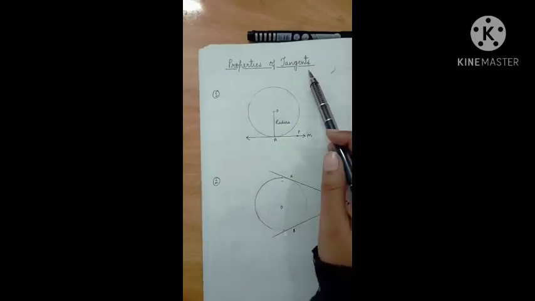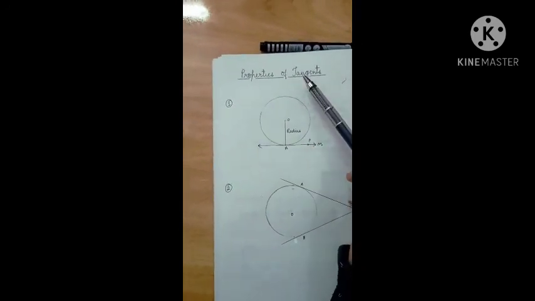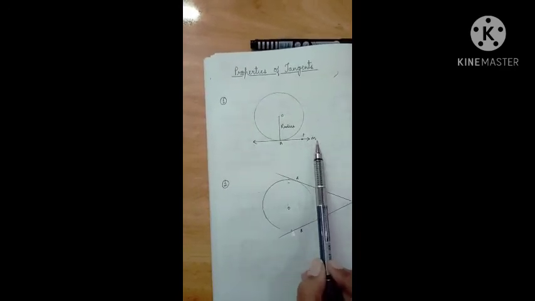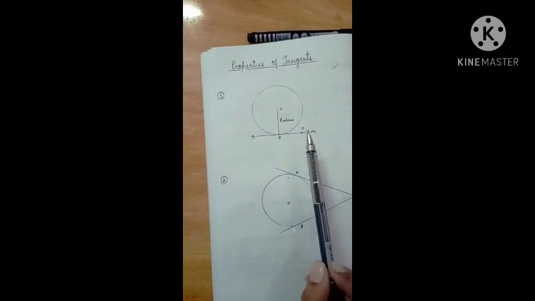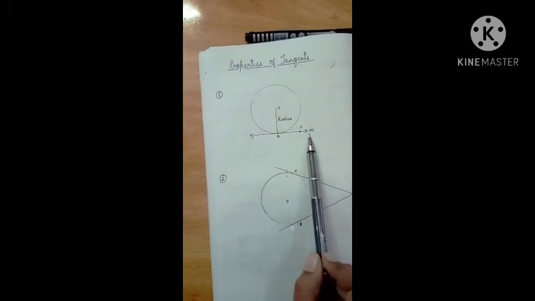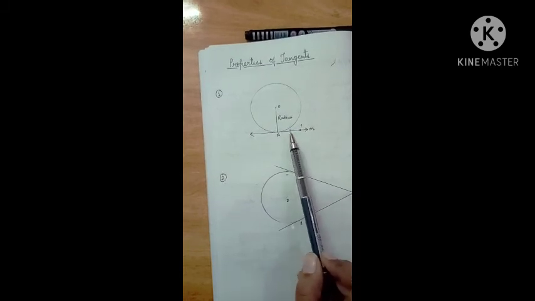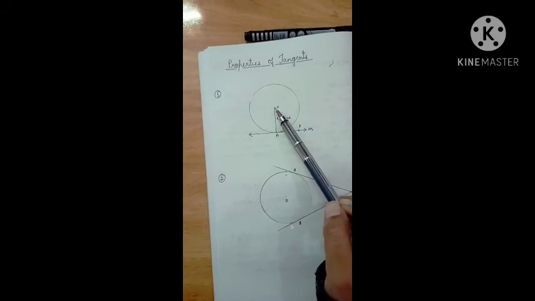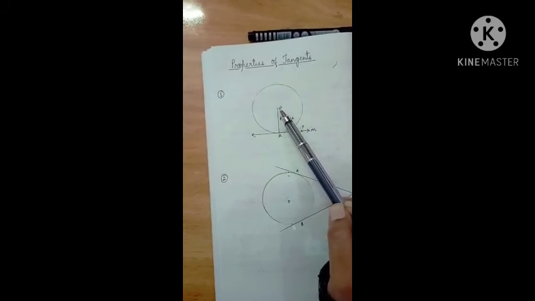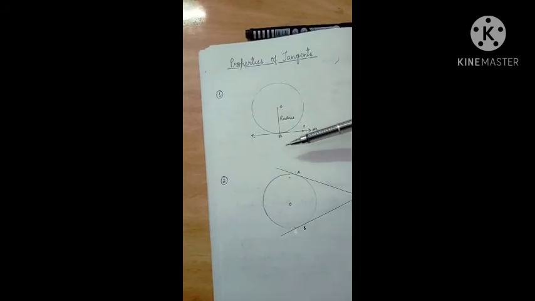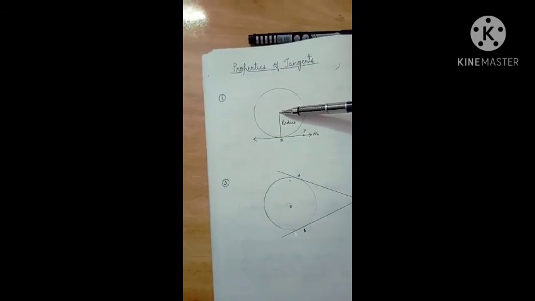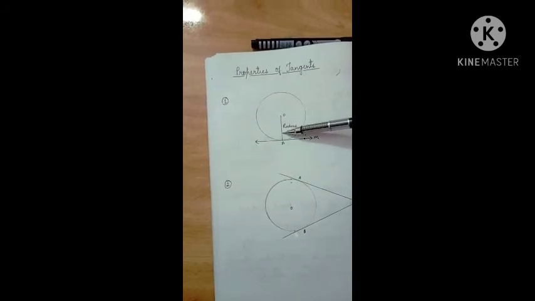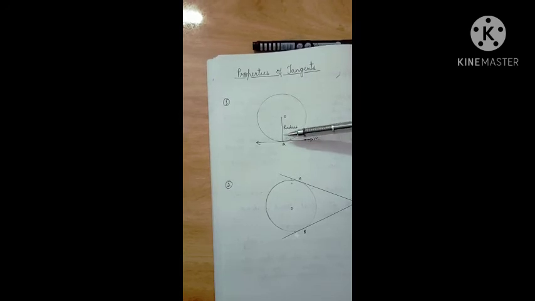Properties of tangents. What is the first property? Suppose this is the tangent, the line M, and it is a tangent to a circle. Then if I draw a radius from point O to the point of contact, this radius is perpendicular to the tangent.